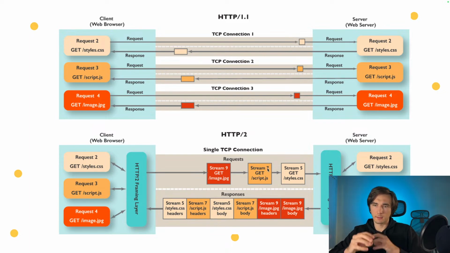So it continuously sends these small pieces, and the same for the response: we send one piece for stream 5, then for stream 7, and then again another part of the response for stream 5. That's how it looks, and it's really important for us.